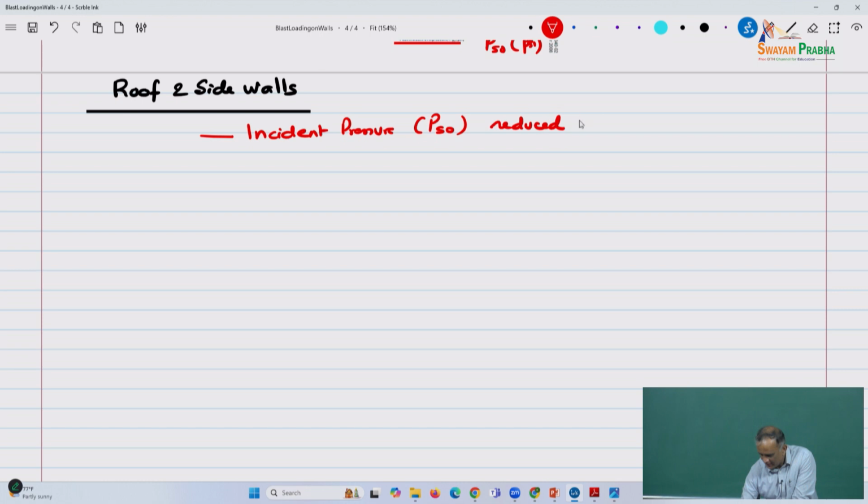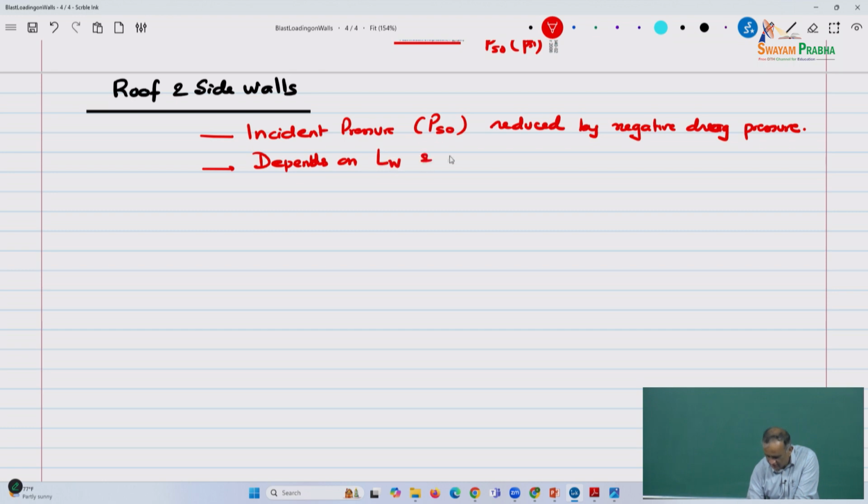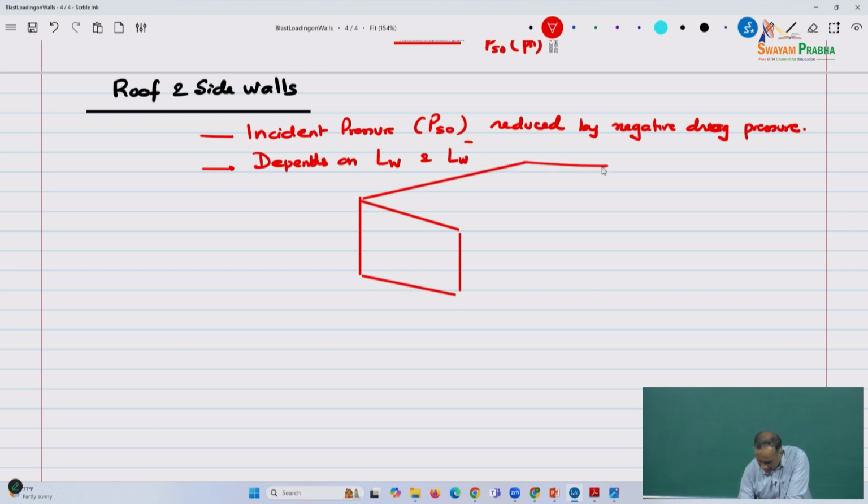This value, as we have seen, is reduced by the negative drag pressure. The drag coefficient CD is a negative value. Let me at this point discuss both of them.